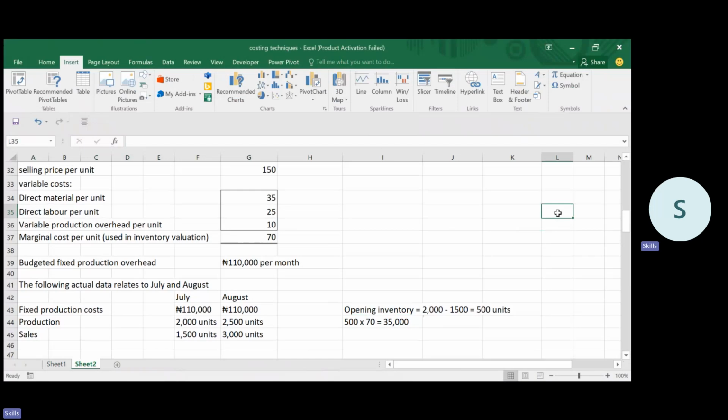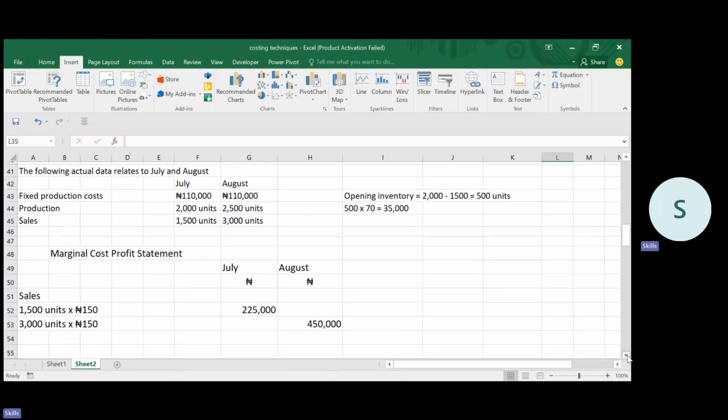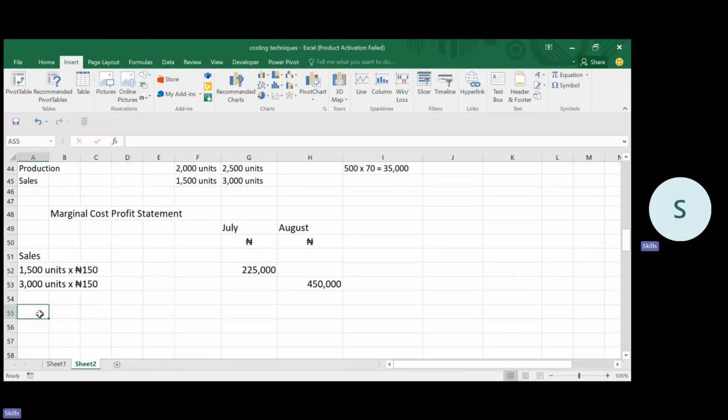So our opening inventory for July, we do not have any. Then for August, the 35,000 that we've determined is our opening inventory.